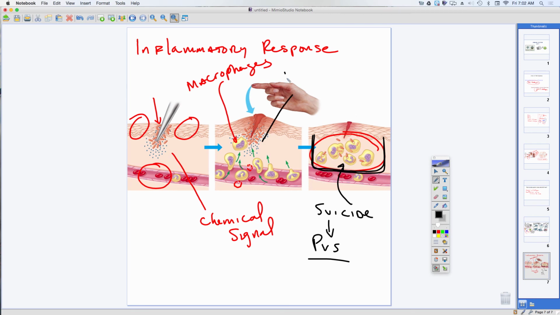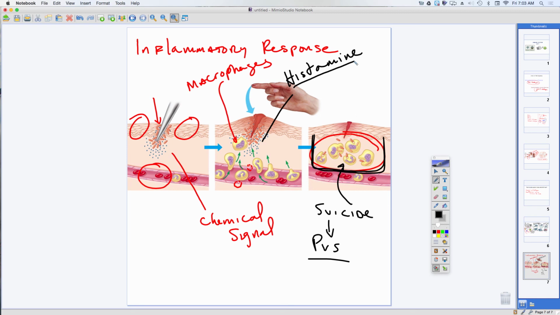I think I had said that the signal molecule was interleukin-2. That's not the signal molecule I meant to say. I meant to say histamine. Histamine is the key signal molecule here that causes your blood vessels to become leaky.